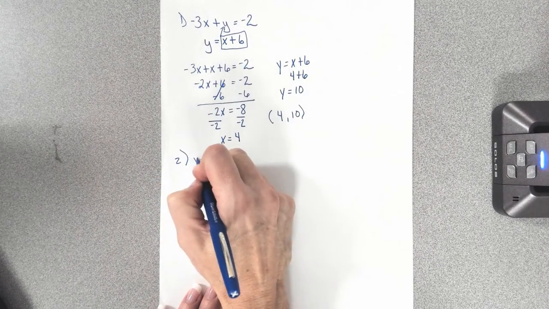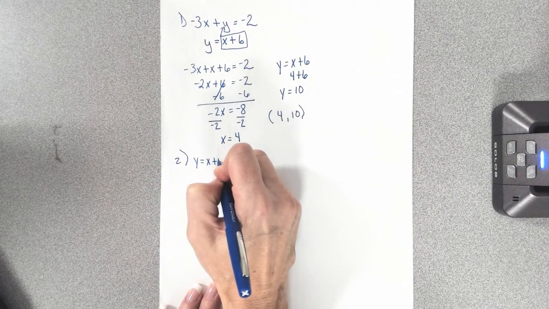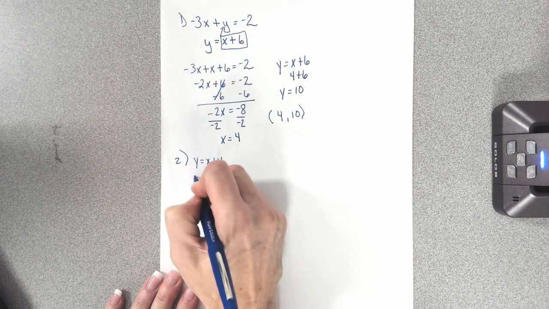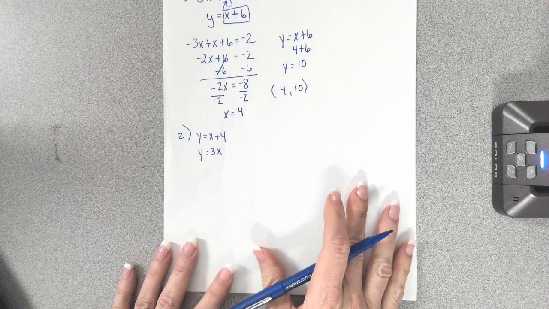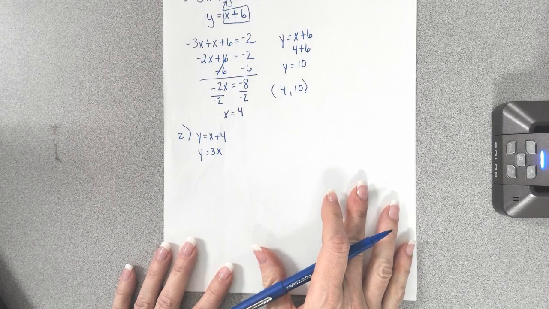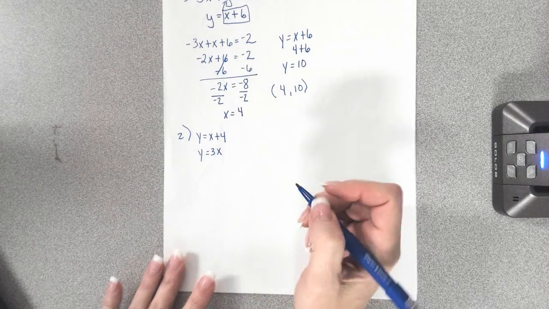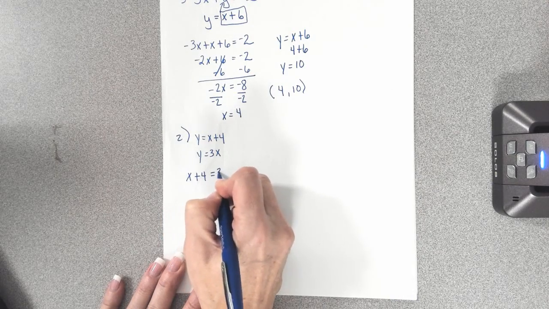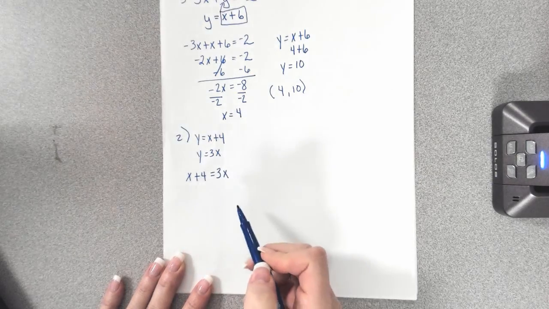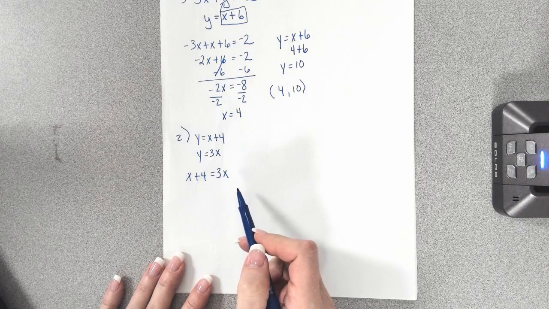I've got y equals x plus 4 and y equals 3x. We've talked about if they both equal y, then they equal each other. So I'm going to put x plus 4 equals 3x. I need variables on one side, numbers on the other.